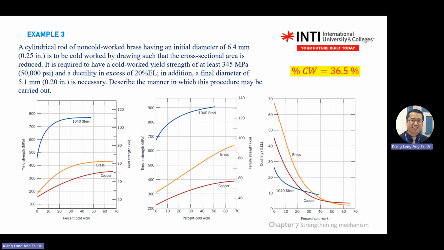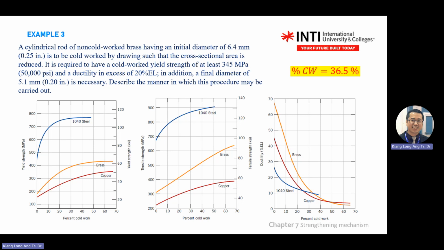Yield strength at least 345, which is good, because the customer wants at least. And now at 36% you give 400, which is good. Okay. Then you go to the tensile strength. They don't mention tensile strength here, so you can skip this one.